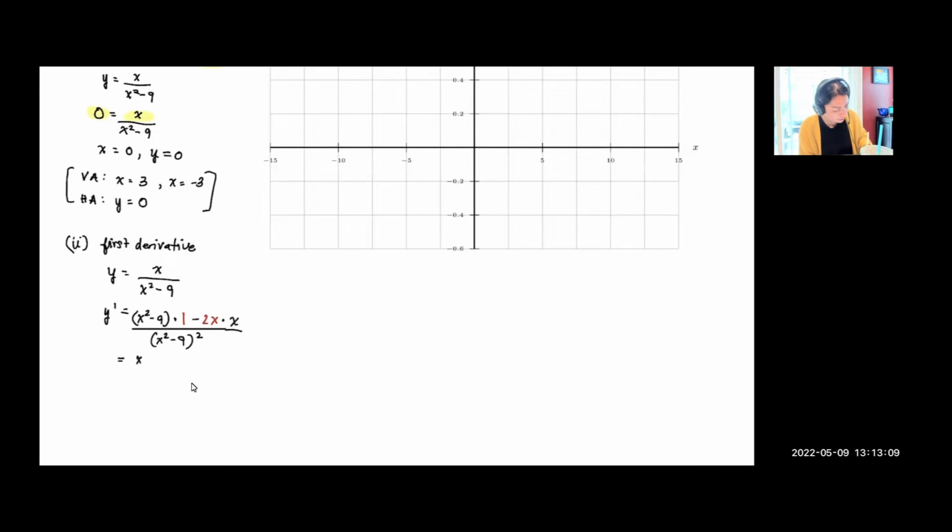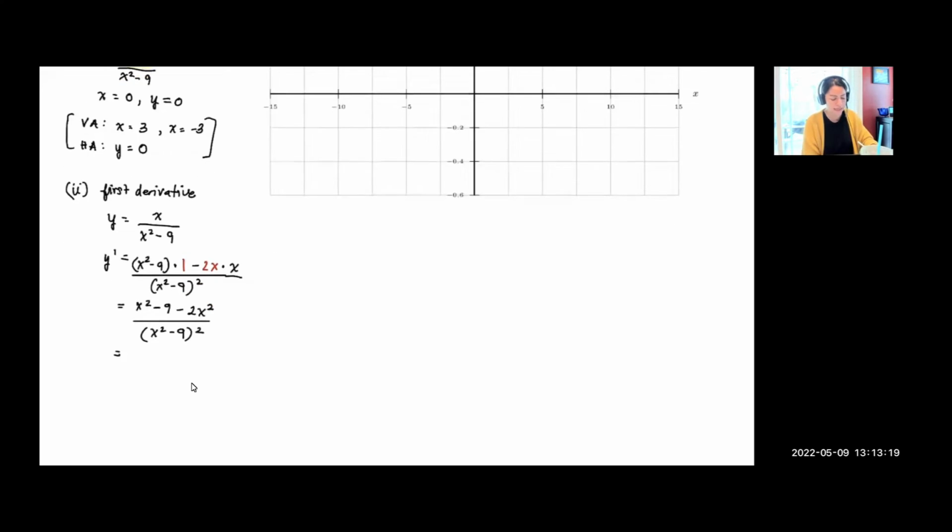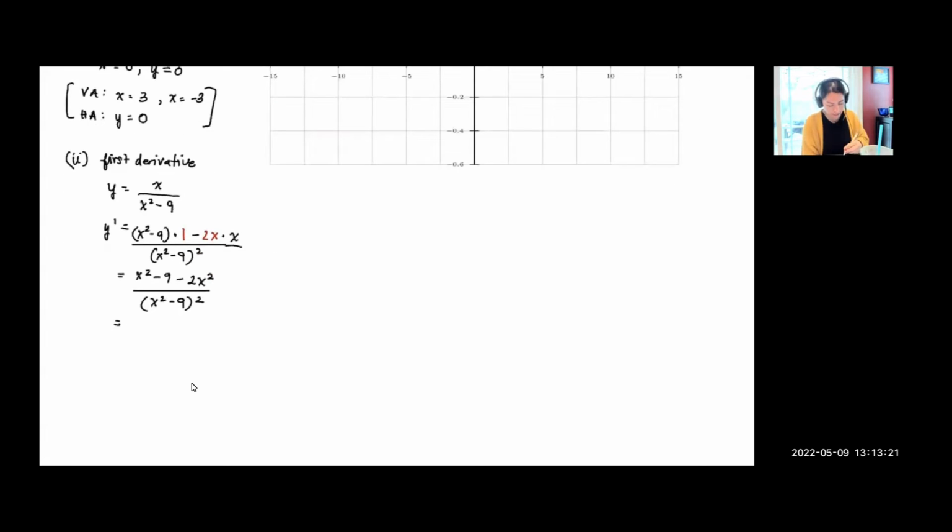So here we have x squared minus 9 minus 2x squared, all over x squared minus 9 squared. You could see that wasn't too bad. If I simplify that, I'm going to have x squared minus 2x squared, so I'll have negative x squared minus 9, all over x squared minus 9 squared.